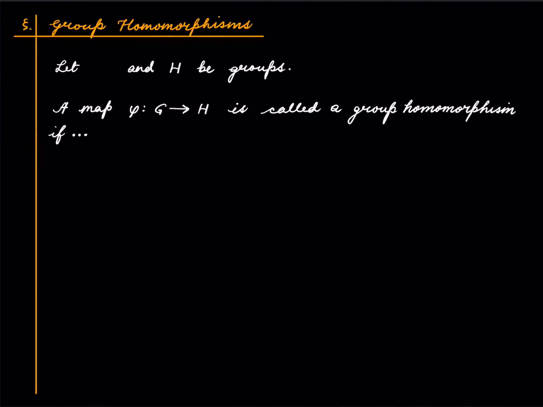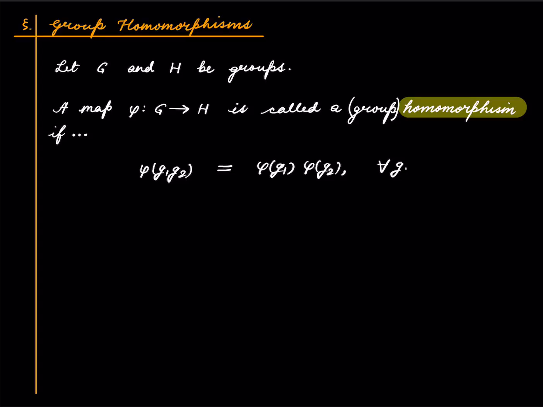So let G and H be groups, and we define a map phi from G to H as a group homomorphism, or simply a homomorphism, if a certain condition is satisfied, which is that phi(g1 g2) equals phi(g1) phi(g2) for all g1 and g2 in the domain group.